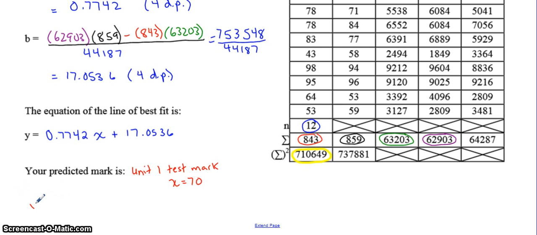To figure out what your predicted final mark would be, it's 0.7742 times 70 plus 17.0536. And that is equal to 71.2476, or just 71%.